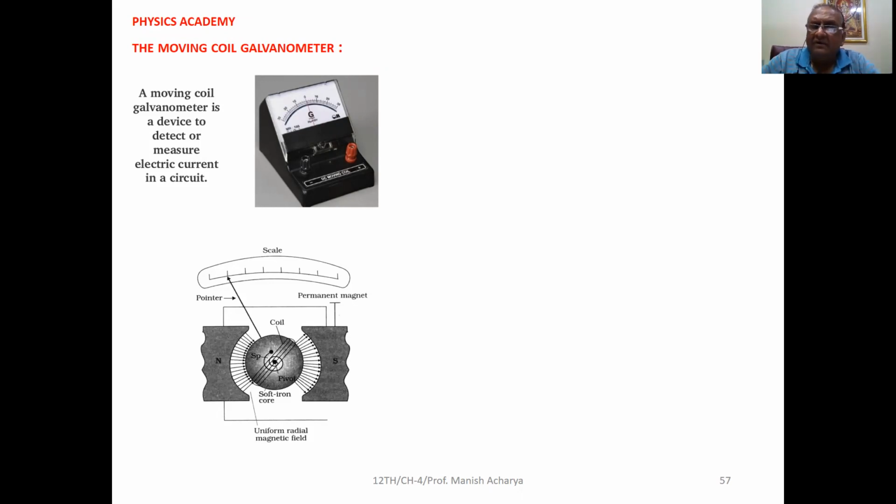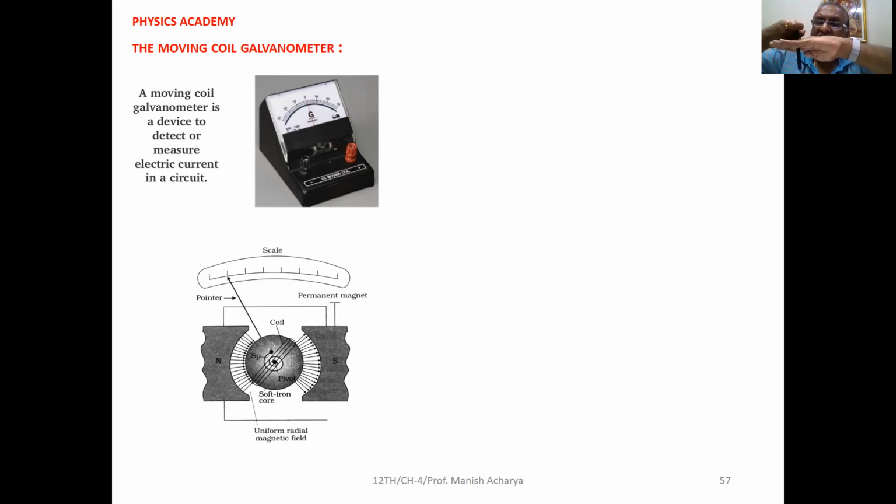Now, when current is passed through this one, the torque will act on it, so it will be rotated in this way. But here, with the axis of it, a spiral spring is attached.